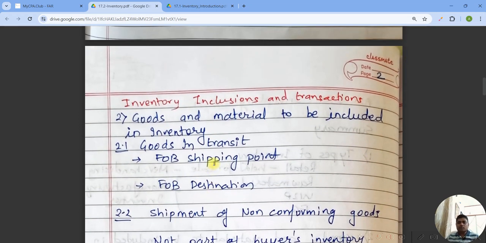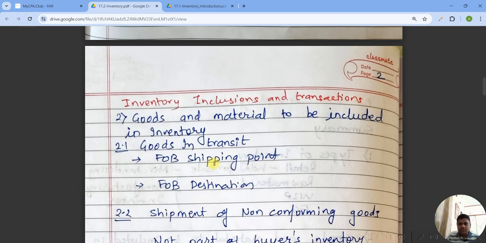Talking about what is included in inventory: goods and material to be included in inventory include goods in transit, FOB shipping point, and FOB destination. Say goods are purchased and have not yet reached our warehouse.